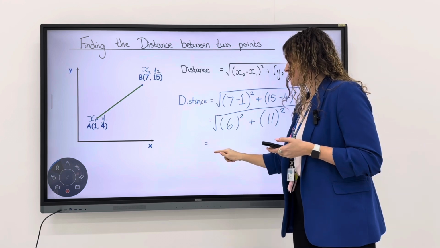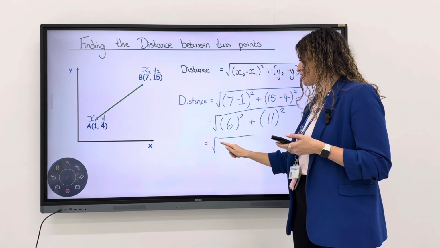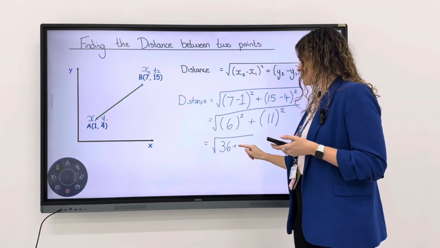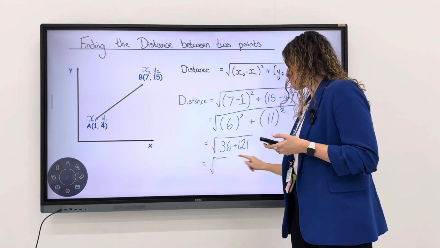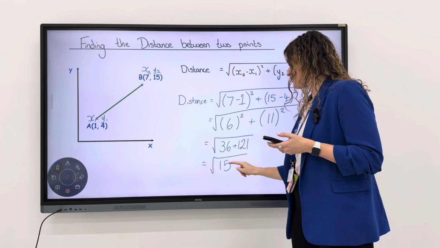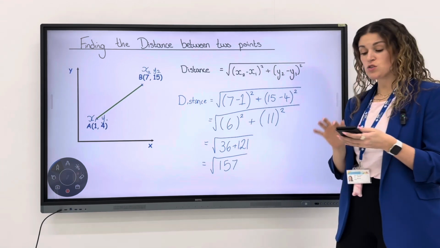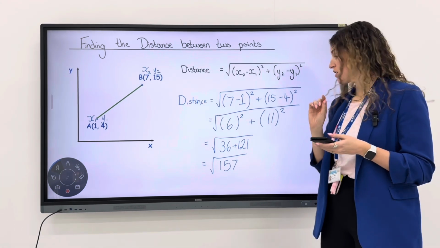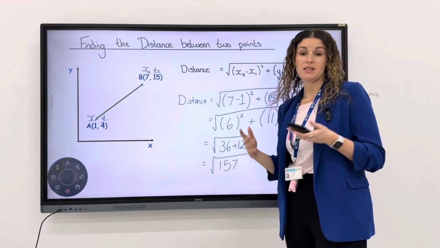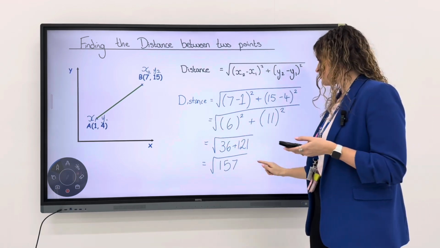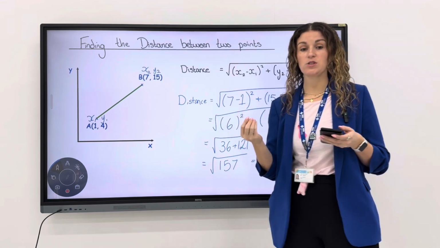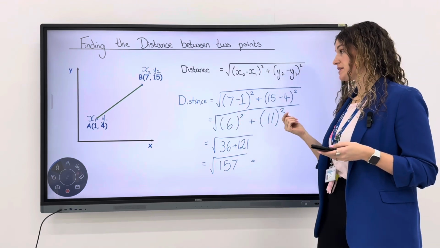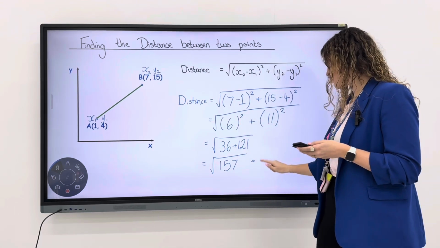That's going to be equal to the square root of 36 plus 121, which is equal to the square root of 157. So you're going to pop that into your calculator. You can leave your answer as a surd, but with it being distance, we probably want to find the actual decimal unless otherwise stated.